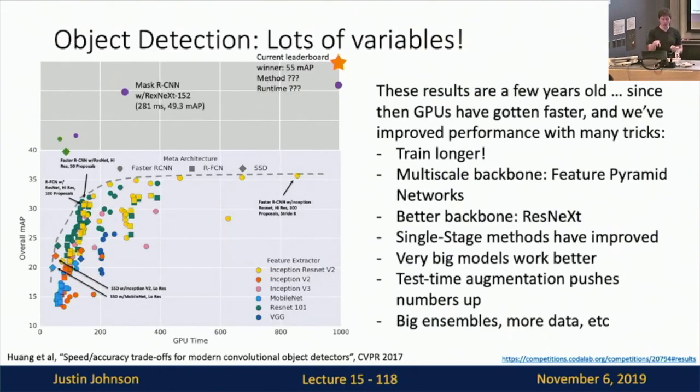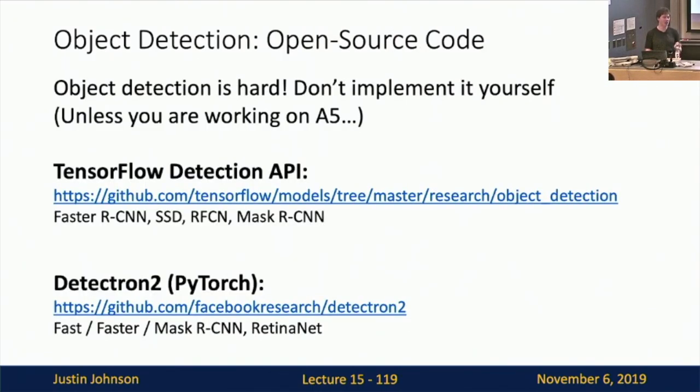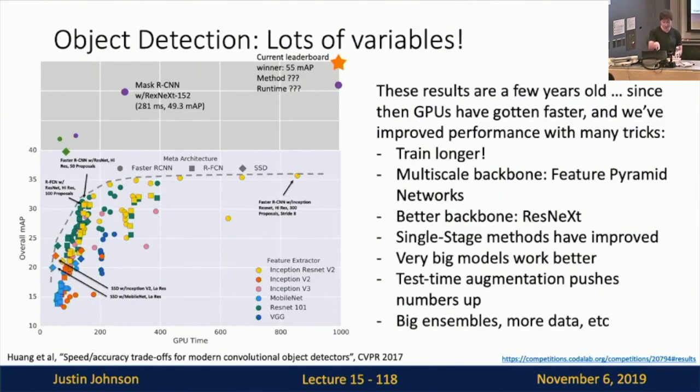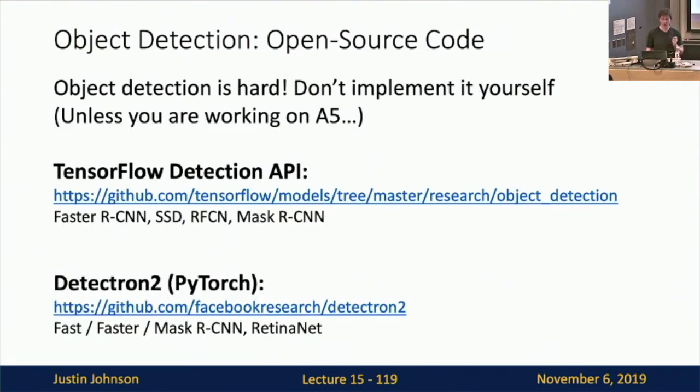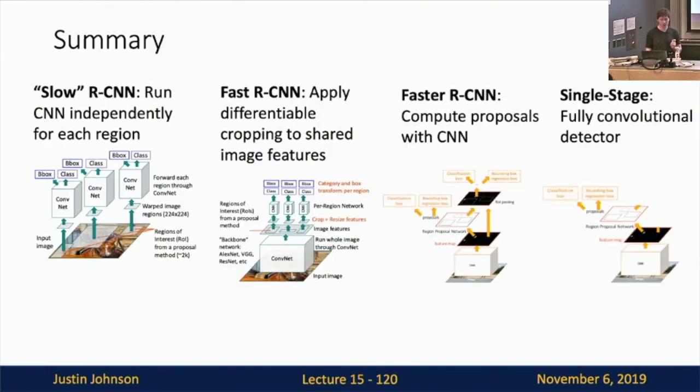In fact, if we look back at this chart, these purple dots and green dots were actually pre-trained models that are available in Detectron2. This orange star dot is not in Detectron2, but other than that, for this purple dot, you can just download the code and download the model and get that really complicated purple dot over there. So that's what I would recommend you do in practice if you find yourself needing to do object detection.